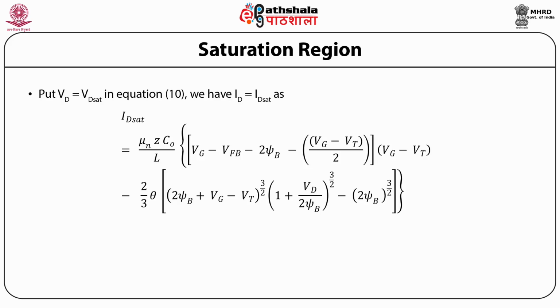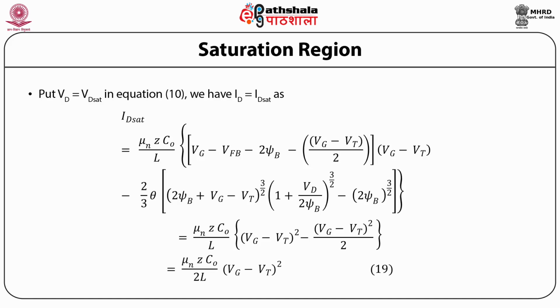This is equal to, after simplification, mu n z C naught by L [(Vg minus Vt) the whole square minus (Vg minus Vt) the whole square by 2], which is equal to mu n z C naught by 2L (Vg minus Vt) to the power 2.